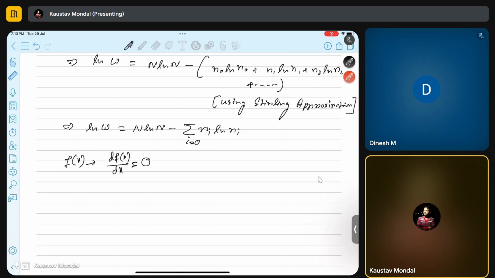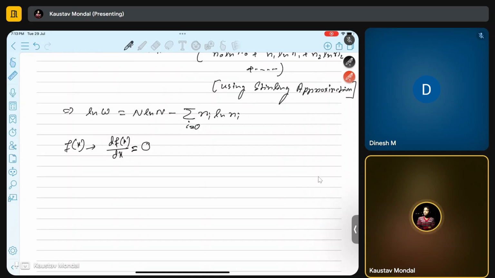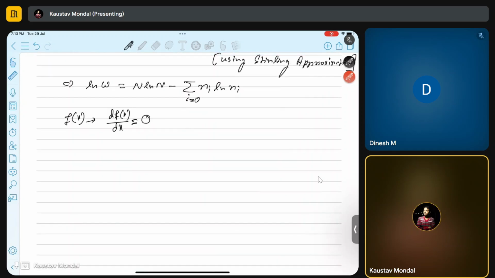Further, we do the double derivative and confirm whether this point is a maximum. In a similar way here, to find the maximum configuration, we have to take the first order derivative of this weightage W.